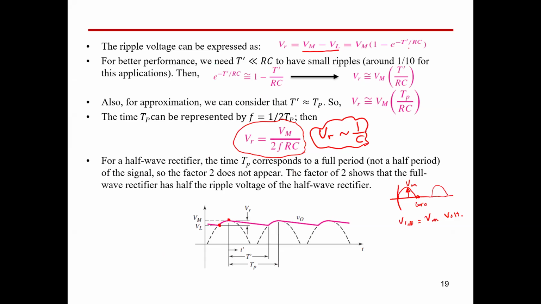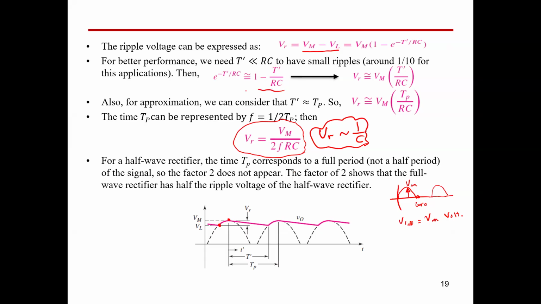Now, regarding this term, e to the power minus t prime divided by RC, if you assume linearity of this part of the equation, we can say this is equivalent to 1 minus t prime divided by RC.